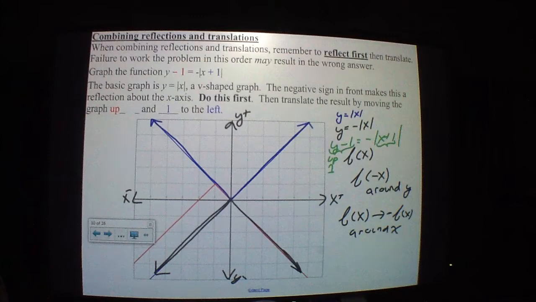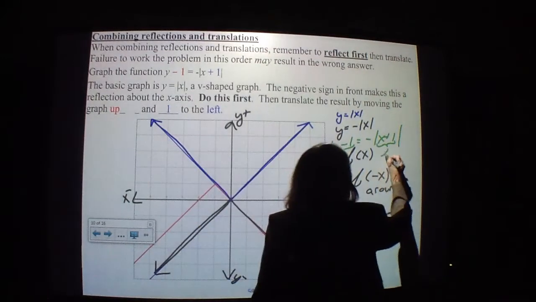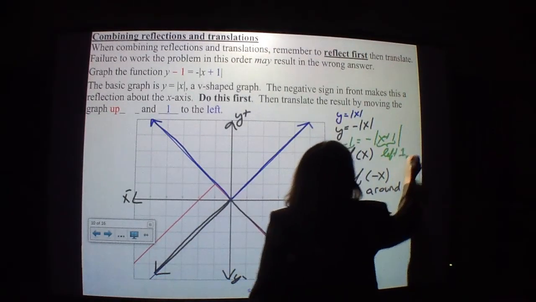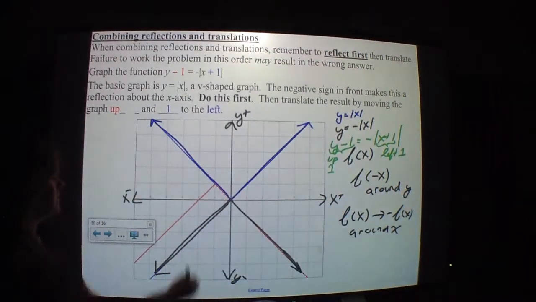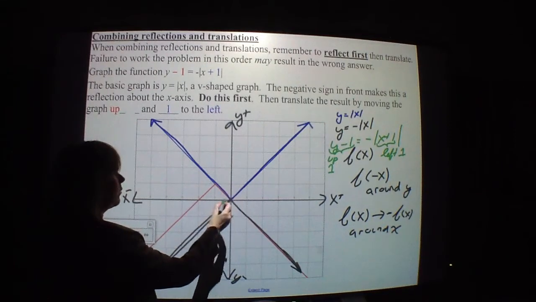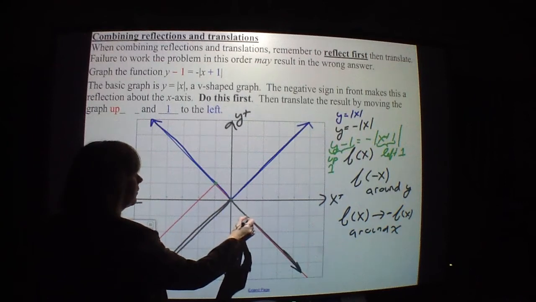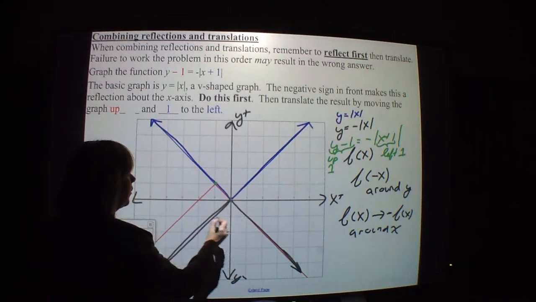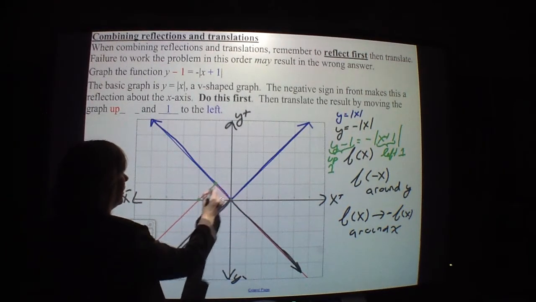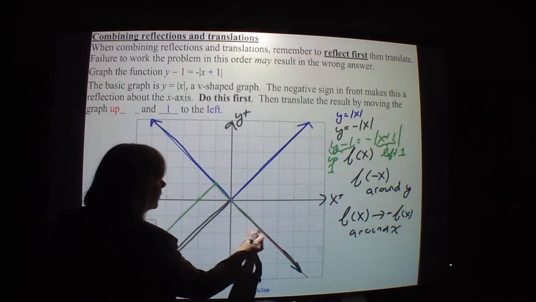And x plus 1, with an x it's right and left movement. The plus 1 would be left 1. So from this point, now I'm at the black one, I would go left 1 and up 1. This point, left 1, up 1. This point, left 1, up 1. And it'd end up to be this graph right here.